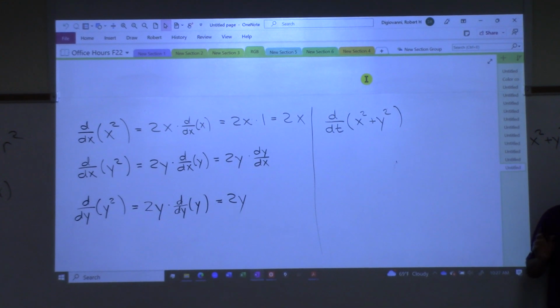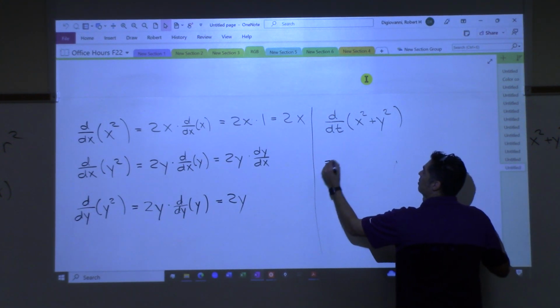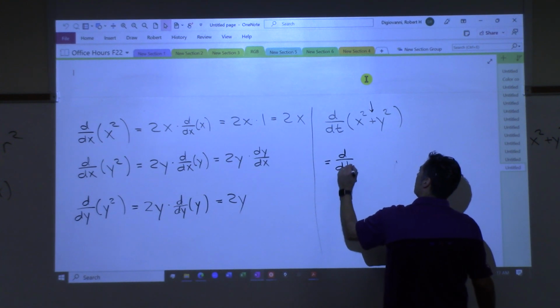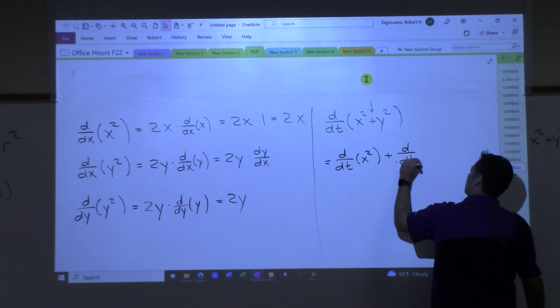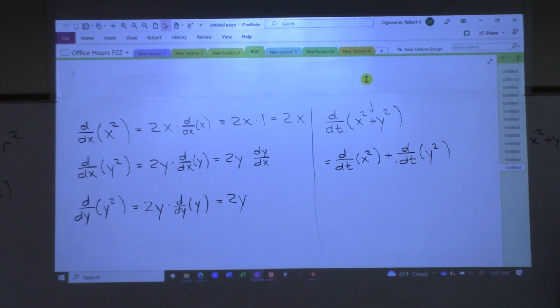Am I ever going to get something that turns into a 1? No, because I would need either a dx dx or a dy dy, wouldn't I? But here I have a t on the bottom. But let's go through it. First thing I'm going to do is, because I have addition, I'm going to separate it. I'm taking the derivative with respect to t of x squared plus the derivative with respect to t of y squared. So I've got those separated.